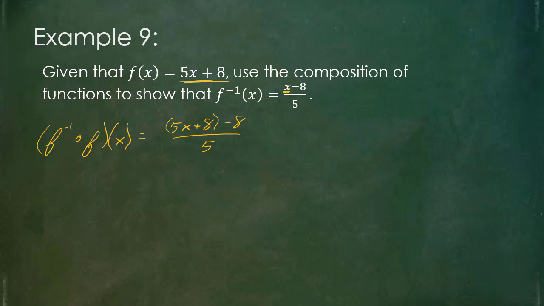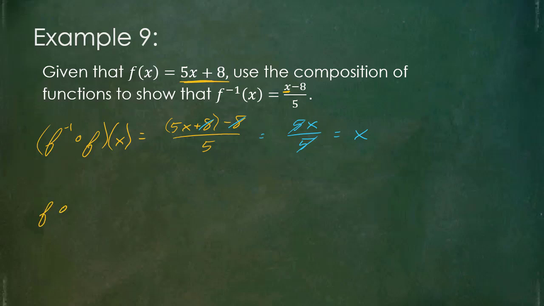Now those parentheses I just added are completely unnecessary because there's no number in front, so I really can look at this and just go, well, I see that 8 minus 8 is on top, so that would cancel out. That would then turn into 5x over 5. And hopefully at this point you would see that 5 divided by 5 would also cancel, and we could say, hey, that did actually reduce to x. So first check, seems like this is working out.